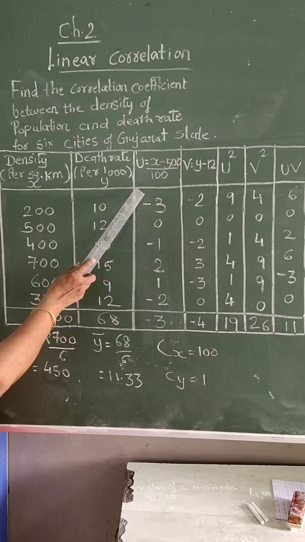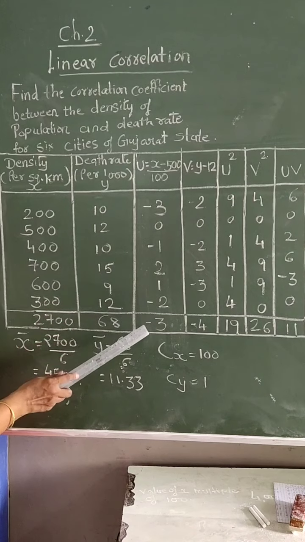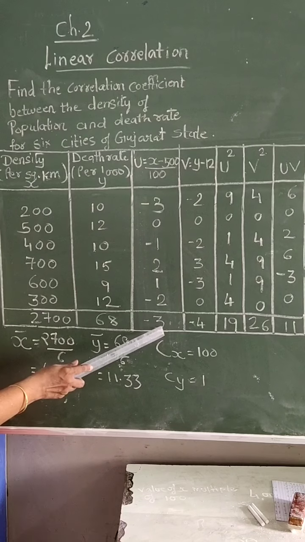Now when we do the sum of these, we get minus 3.